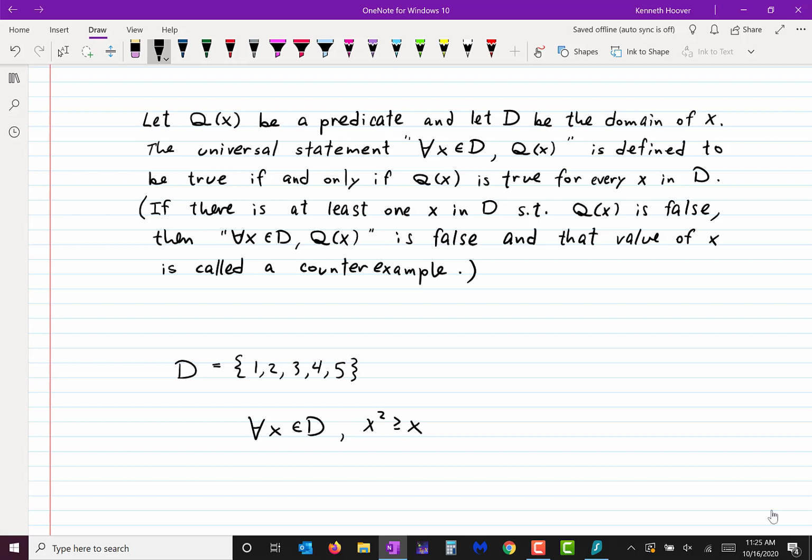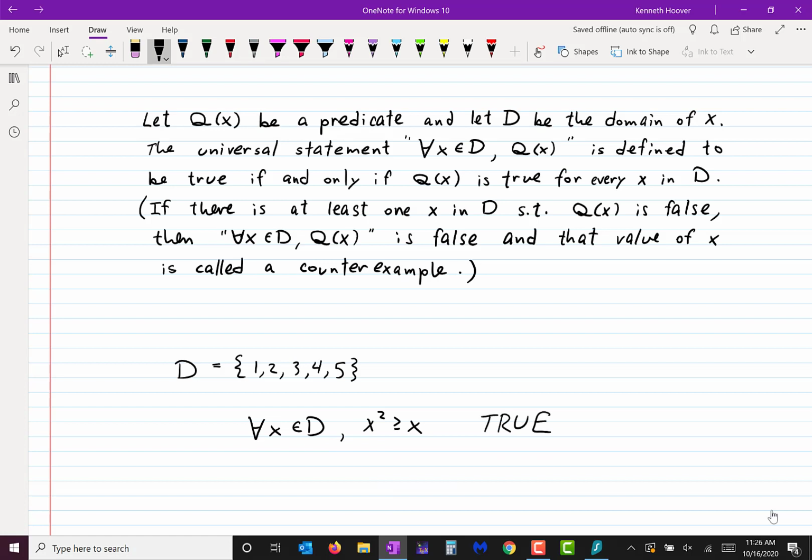So that Q of x right here is in fact true for every element of D. So the statement for all x in D, x squared is equal to or greater than x, is in fact a true statement.